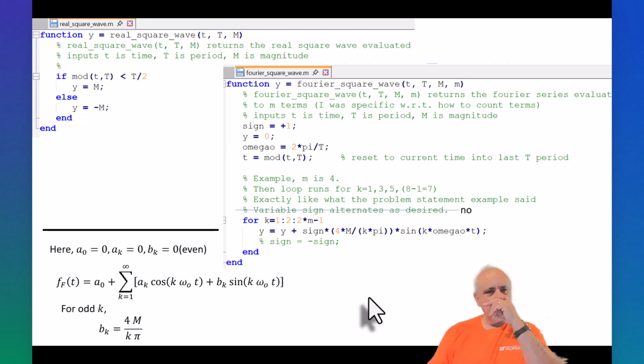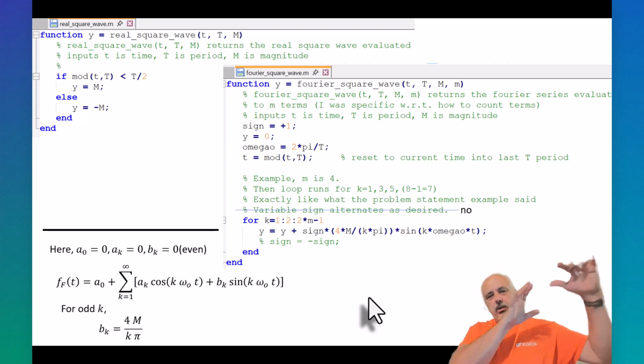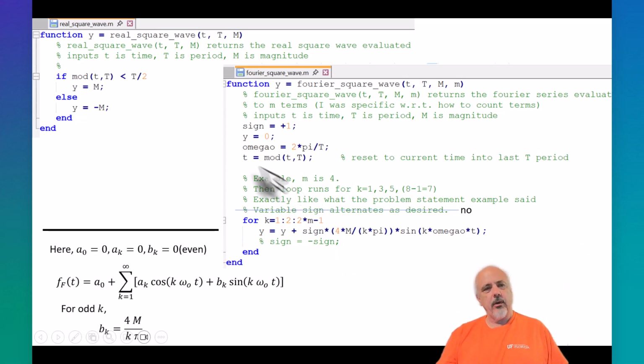So what I did is I created a real, quote-unquote, real square wave function in MATLAB. And I used the modulo function in case the time, the little t coming in, is more than the big T, the period. So just making sure I understand what part of the cycle I'm in. So it's going to be plus m or minus m depending on that.